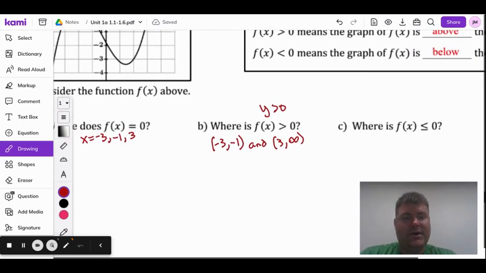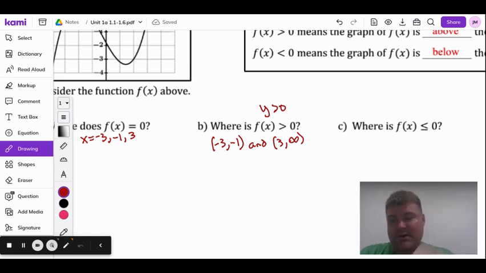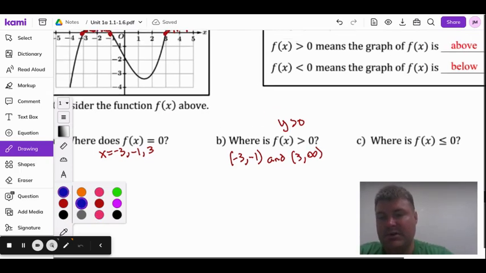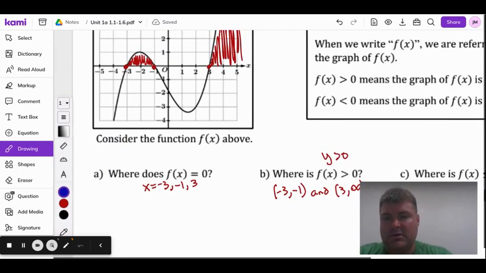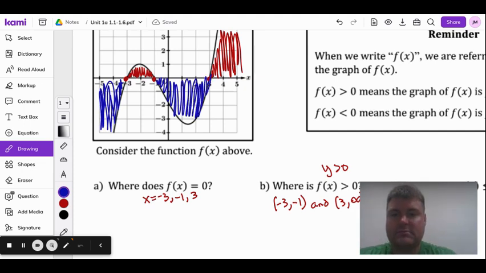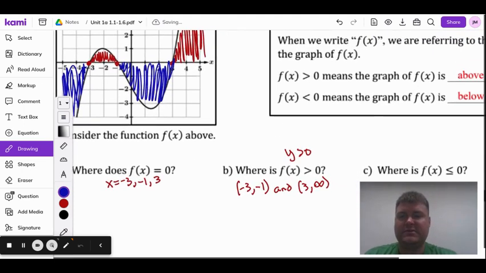Okay. Now, where is f of x less than or equal to 0? This is the one where we're using the hard brackets, and I'm going to shade now in the blue. Okay, so when am I less than 0? I'm less than 0 here, and here. So what are those intervals?